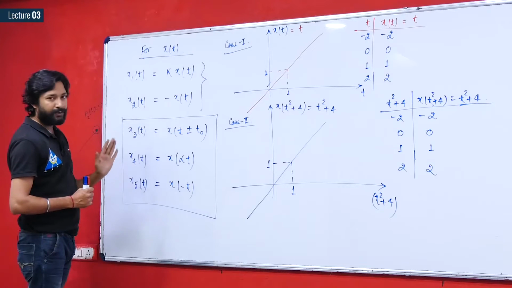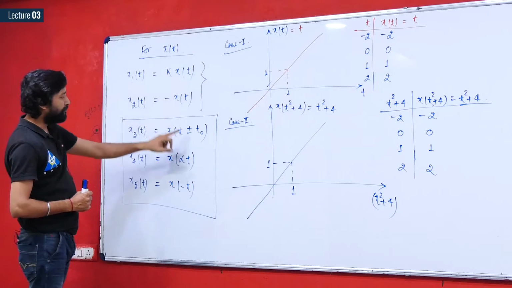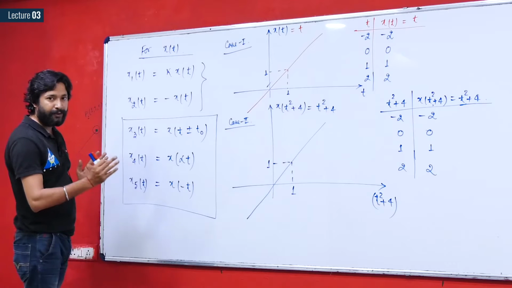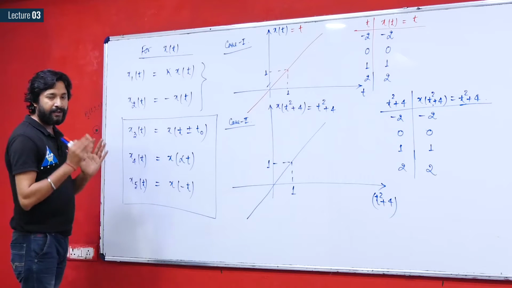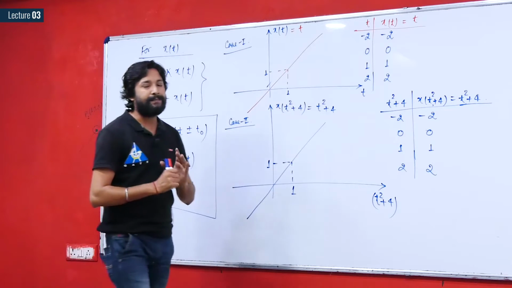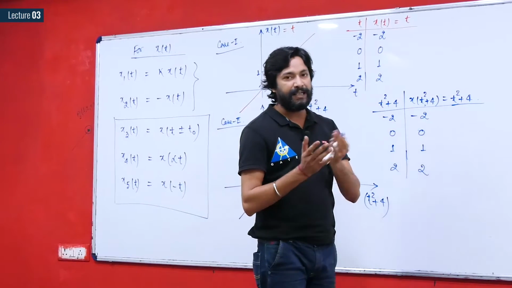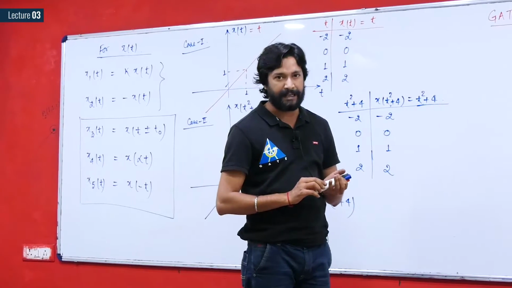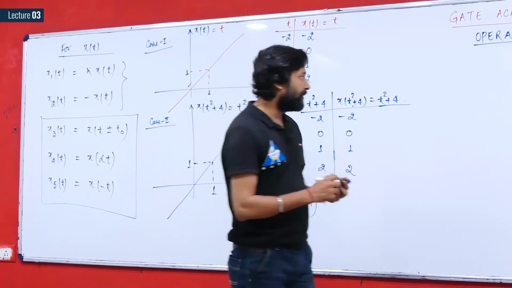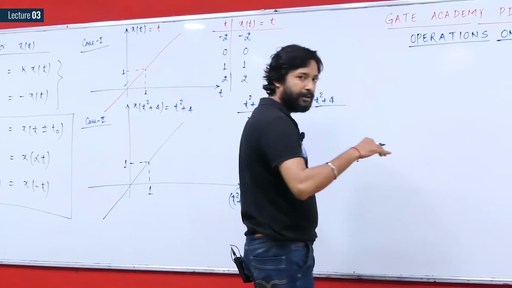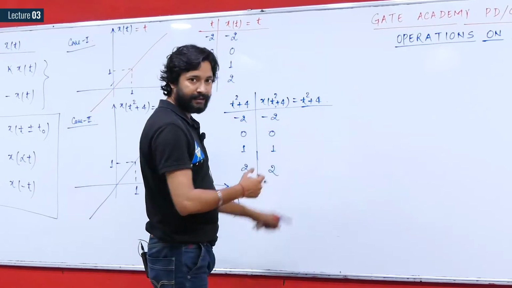But now if you want to plot x of t plus or minus t naught with respect to t only, then the graph will change. So now we have to see the replacement, how we replace variables. Performing any operation is all about making a replacement. So how do we replace? We will take an example to clear this point later on.